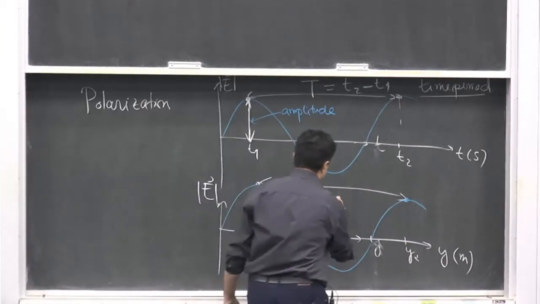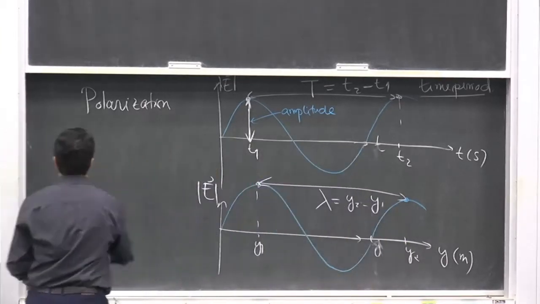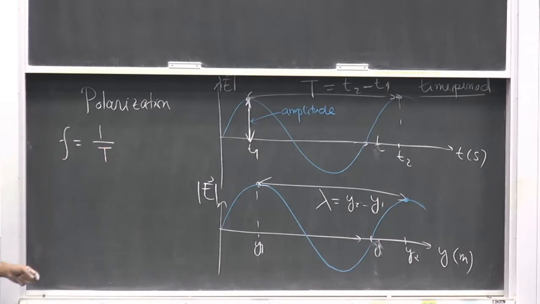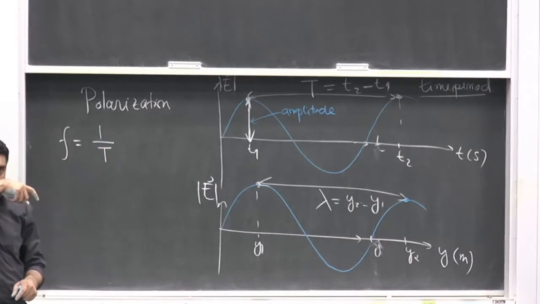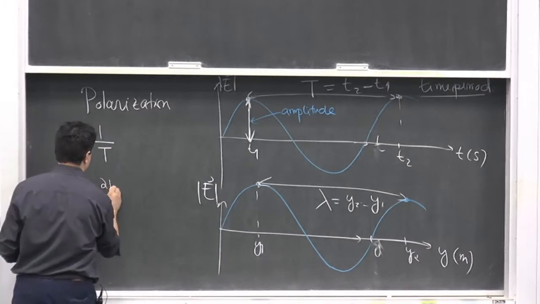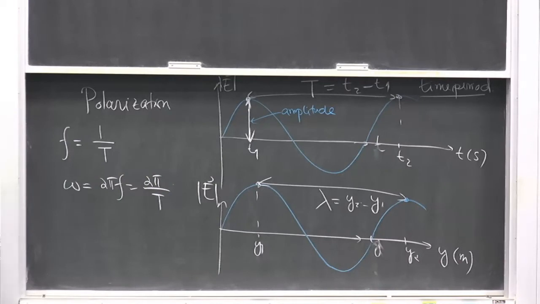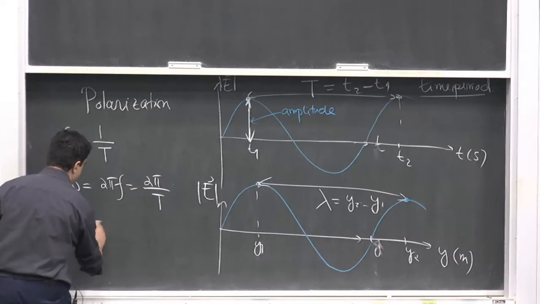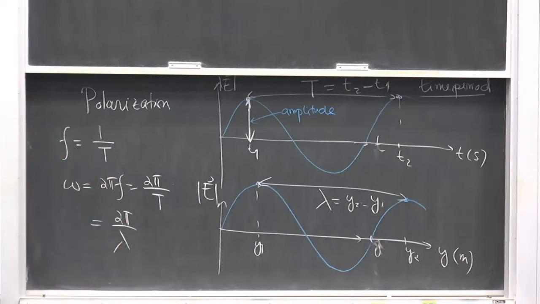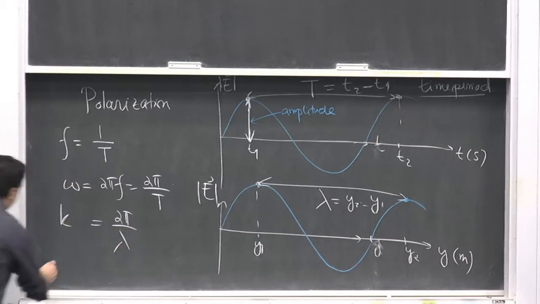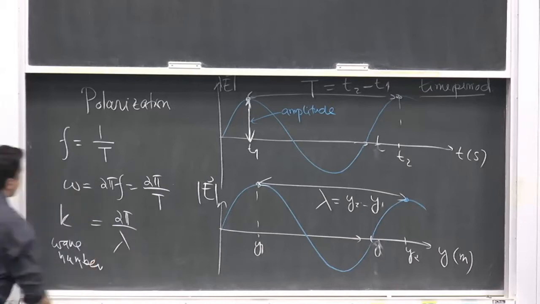Otherwise, this configuration, for example, is not possible. It won't obey Maxwell's equations. If you have just this, or just this magnetic field, it's not possible. If you try to solve Maxwell's equations for that, it gives you nonsense values.